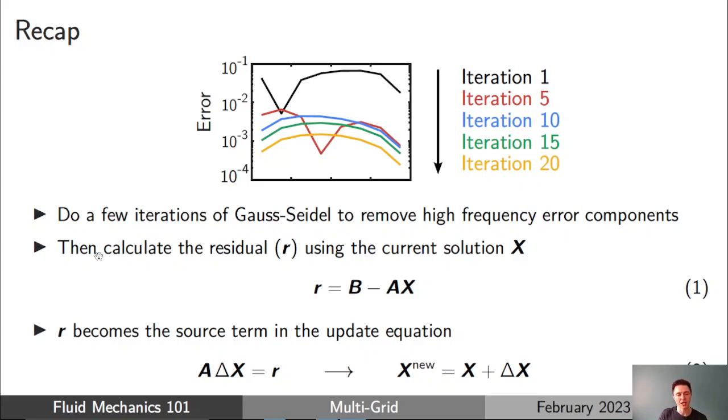What we then do is, when we've done a few iterations to remove the high frequency components of the error, we stop and then we calculate the residual vector using the current solution. We substitute in x to equation 1 and calculate the residual at the centroid of all of the cells in the mesh. And that residual vector now becomes the source term in the update equation that you can see there in equation 2.